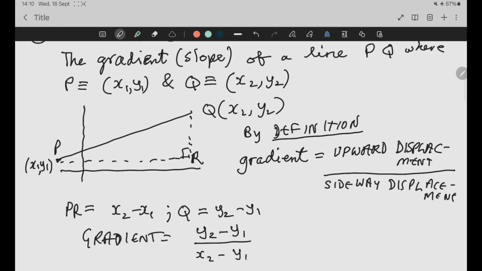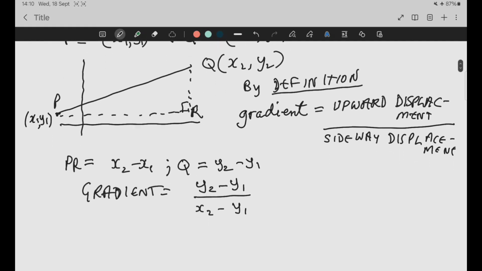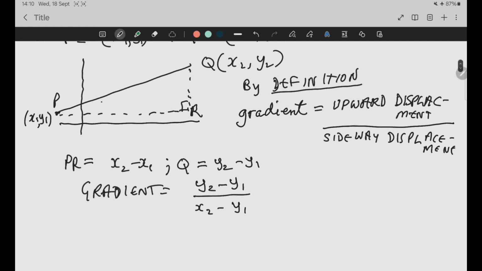This, of course, can turn out to be a negative quantity, but that doesn't matter, okay? Right, just a brief note before we move on from that. If I call that angle there theta, then tan of theta is found by the same rule.